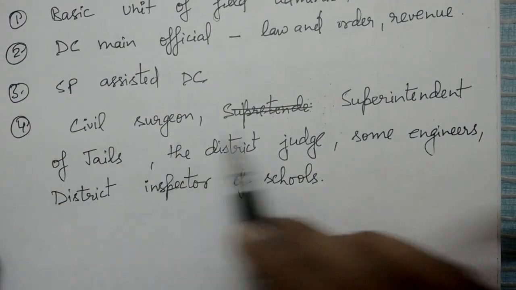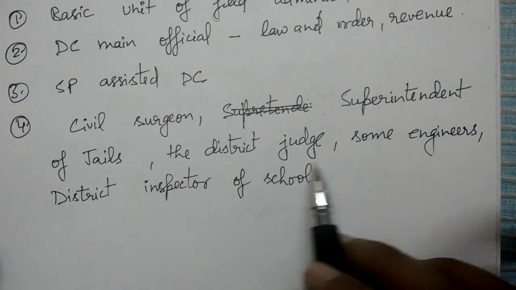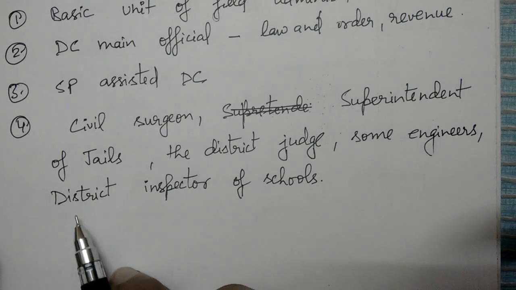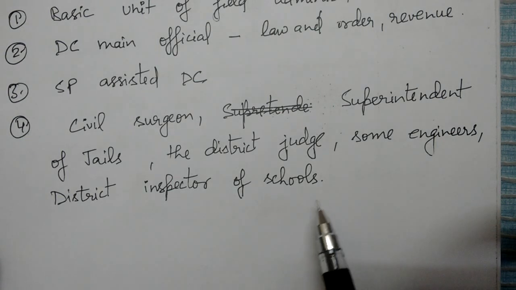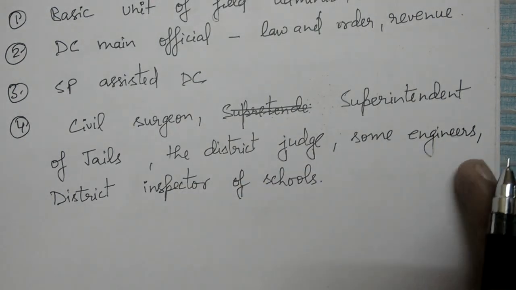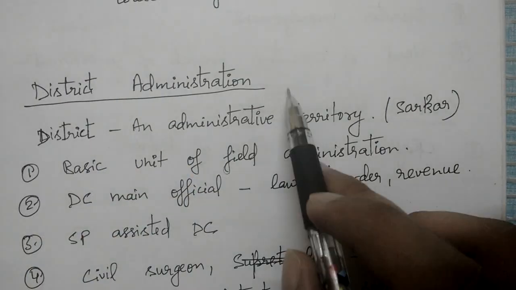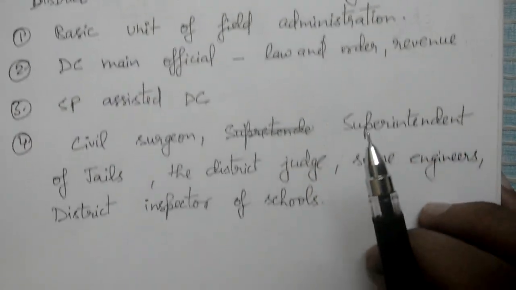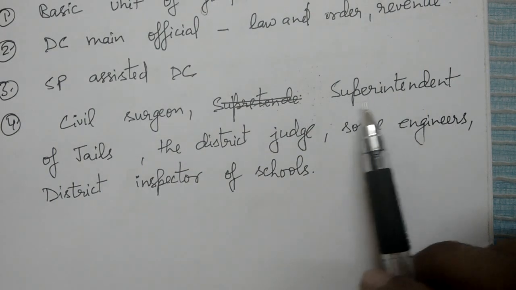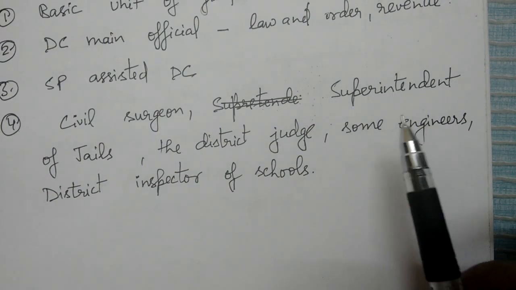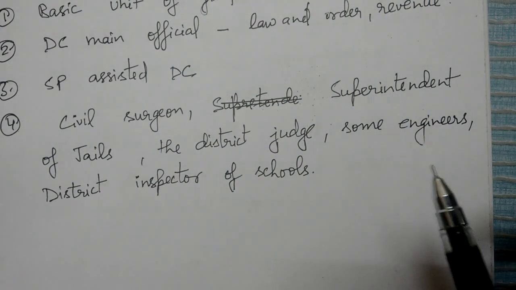Then civil surgeon, superintendent of jails, the district judge, some engineers, district inspector of schools. These are some of the main officials of district administration during British government. Right now also you know that these officials are present. That's superintendent of jail, जिसको जिला जेल अधीक्षक बोलते हैं.